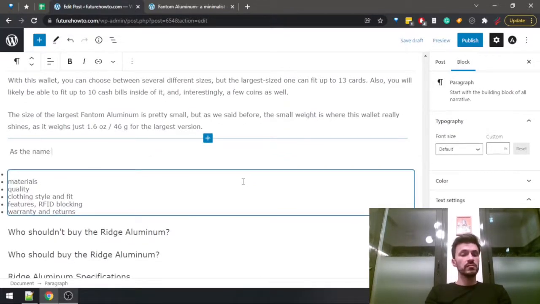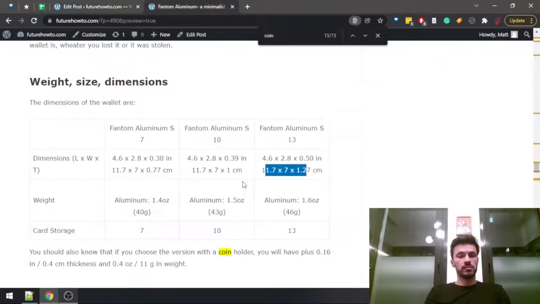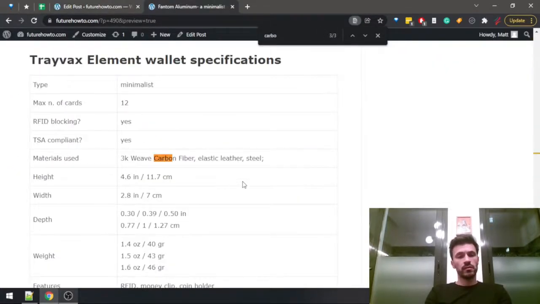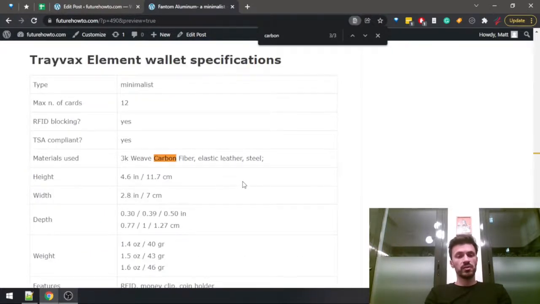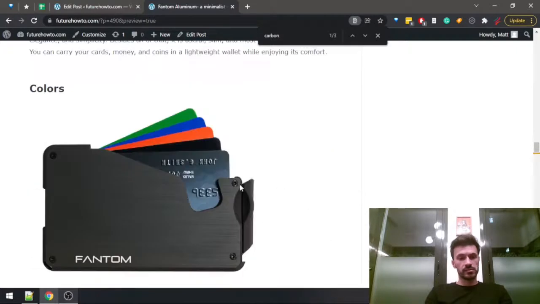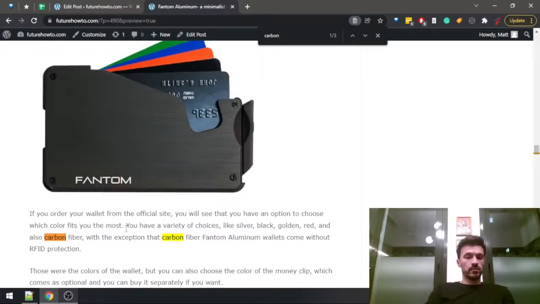As the name suggests, hold on. There is some carbon fiber in the build, I guess. Huh.